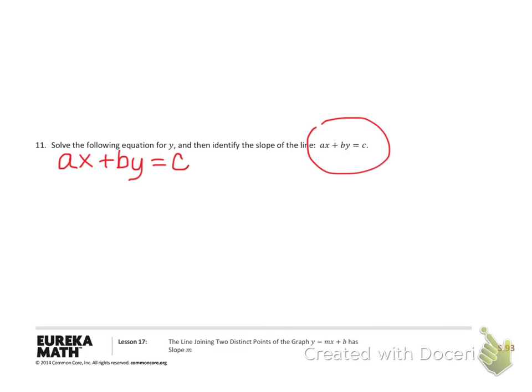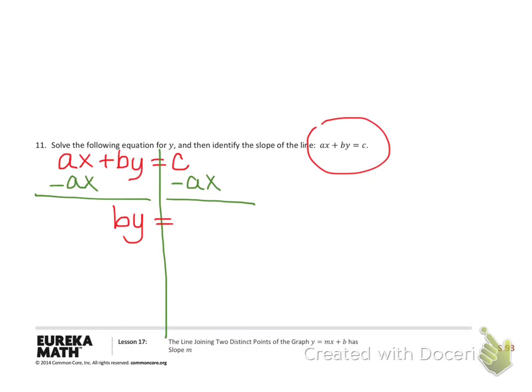And I'm going to subtract off the x term. I'm going to subtract ax from both sides. And I'm left with just b times y on the left-hand side of the equation. And I've got a negative ax plus c on the right-hand side.